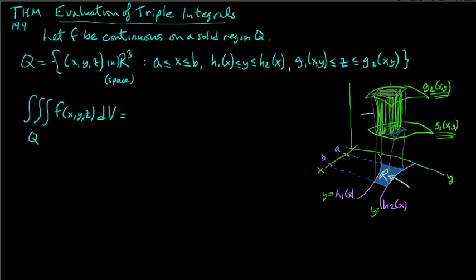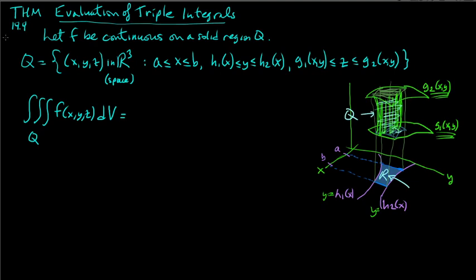But right, this region here then would be your Q. Okay, and if f is just 1, then you're just getting the volume of that region Q, right? But if f is not 1, if f is, say, the density function, then you're getting effectively the total mass of this solid region over here, right?